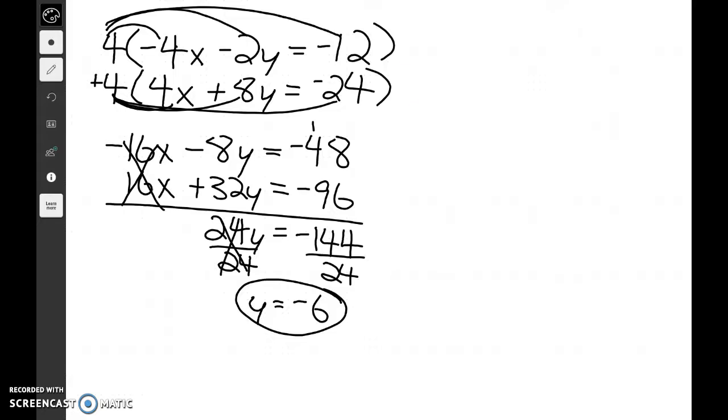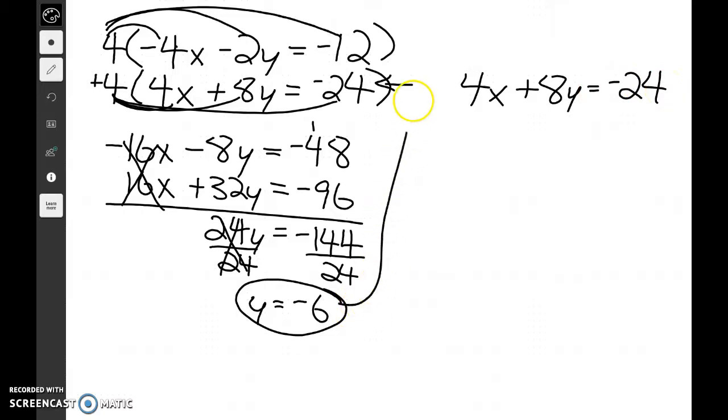So what I'm going to do is take the original bottom equation here, which was 4x plus 8y is equal to negative 24. So in this, I already know that y is equal to negative 6, so I'm going to plug that number in, or substitute that number in for y.